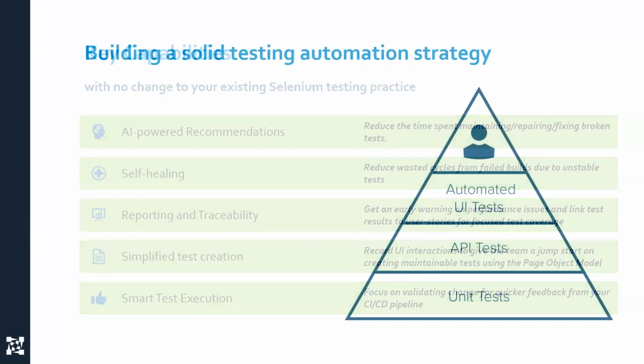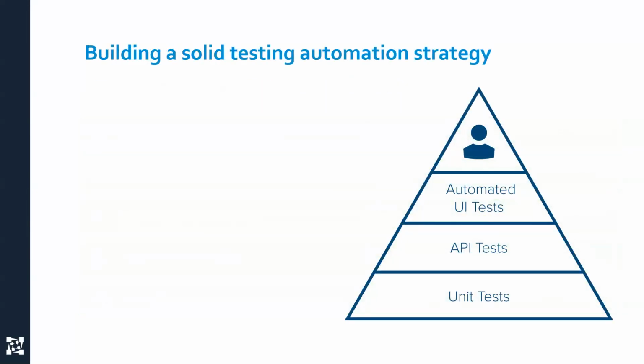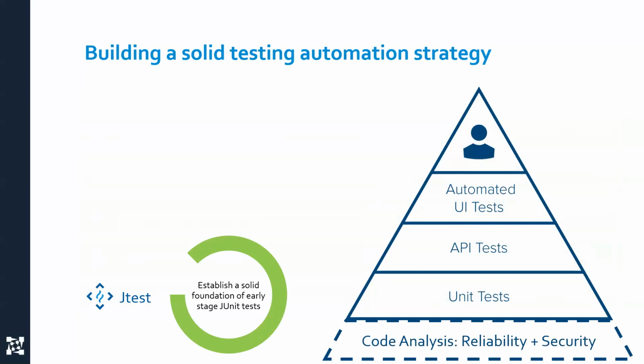Now, I mentioned earlier the testing pyramid. I also mentioned a couple of other products from Parasoft. We talked about unit testing, and I mentioned Parasoft JTest. The kind of things that you're seeing here with Selenic, we do similar things with JTest and for JUnit: analyzing your Java code, helping you create your unit tests, helping to increase code coverage within the underlying code base, and making it easier to establish that foundation of unit tests built on top of secure and reliable code.